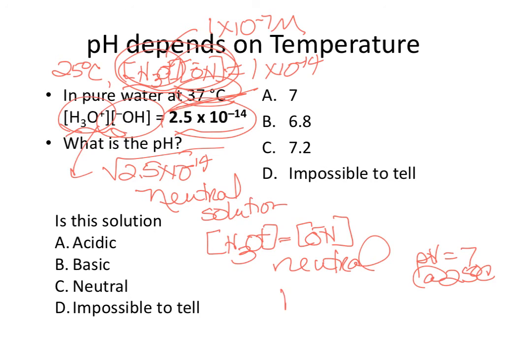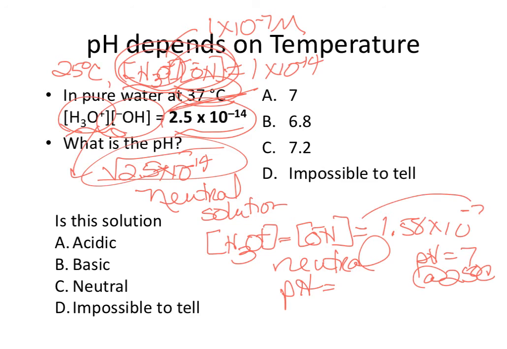So in this case, if you take the square root of 2.5 times 10 to the minus 14, you get that each individual concentration is 1.58 times 10 to the minus 7. So the concentration of each of the ions has increased at this higher temperature.